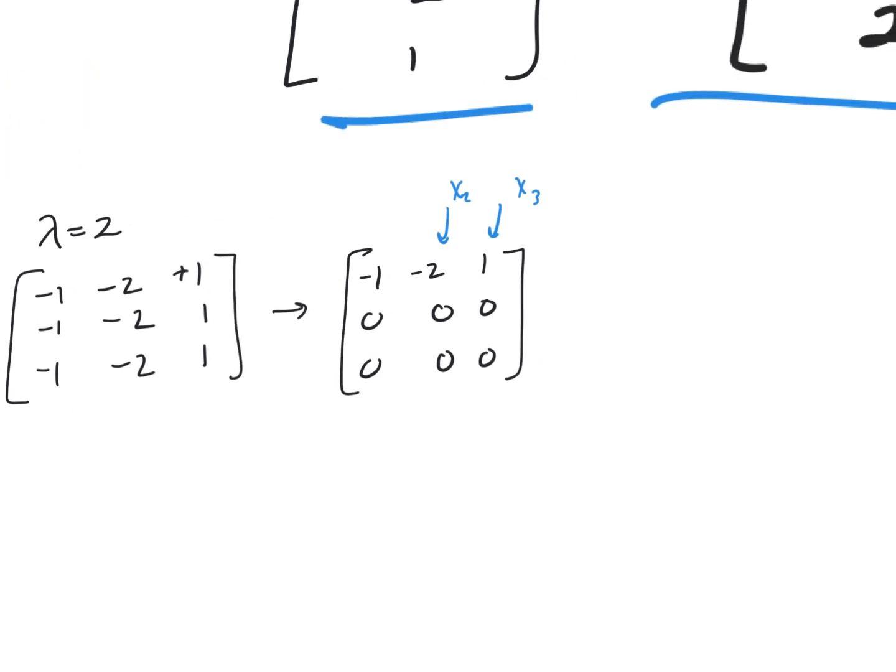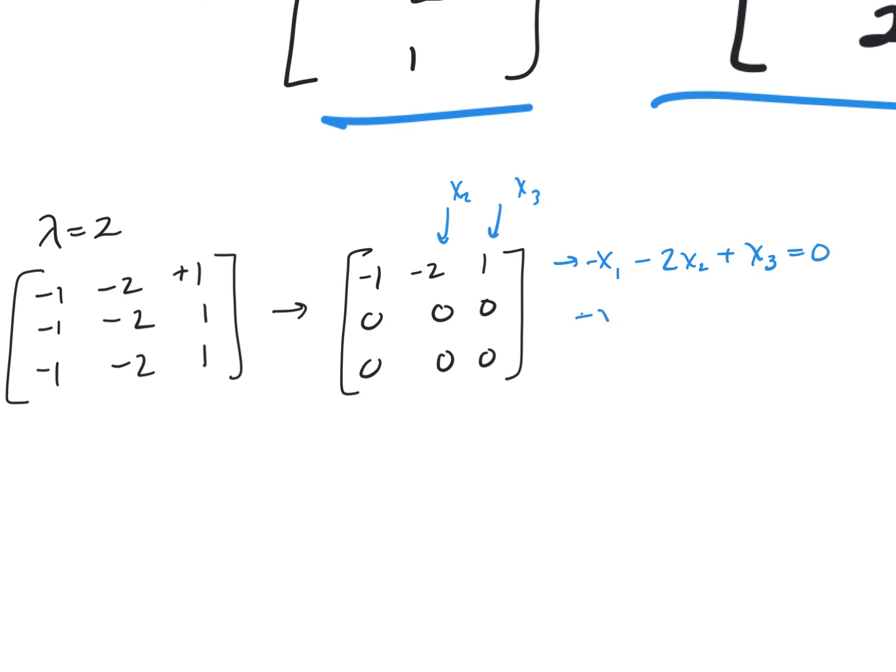So starting with this first row, negative x sub 1 minus 2x sub 2 plus x sub 3 is equal to 0.